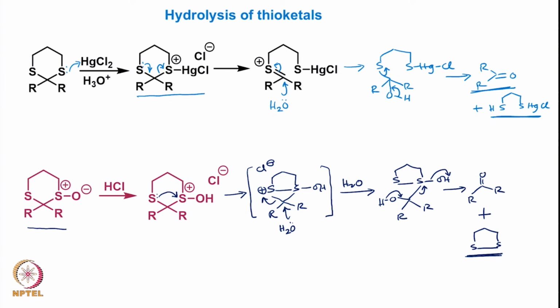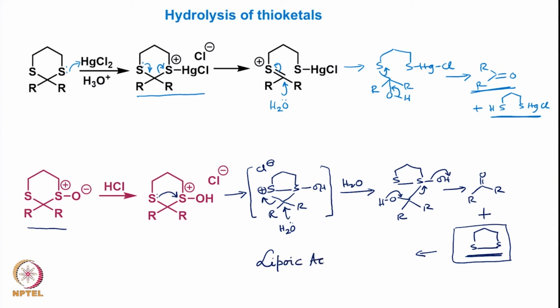Now, the reason why I have mentioned this is that such a reaction, where the recovery of the ketone along with the formation of this 5-membered sulfur bond is noticed, has been utilized in the synthesis of a molecule called lipoic acid.